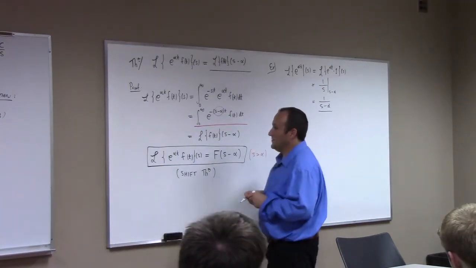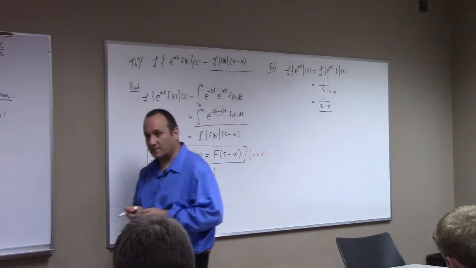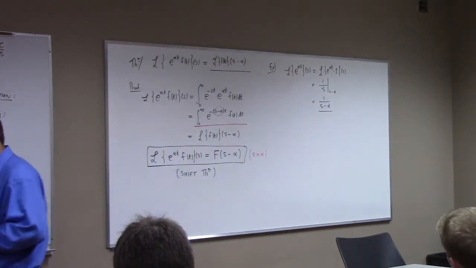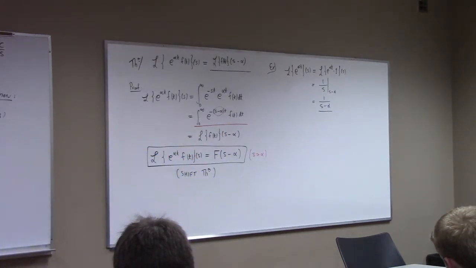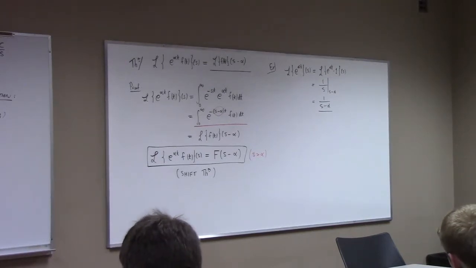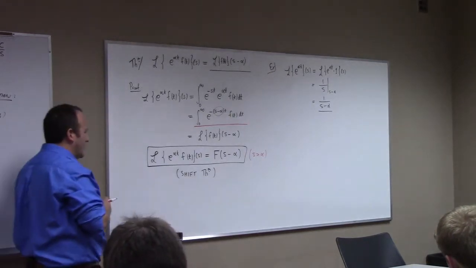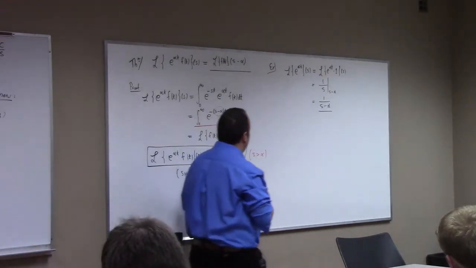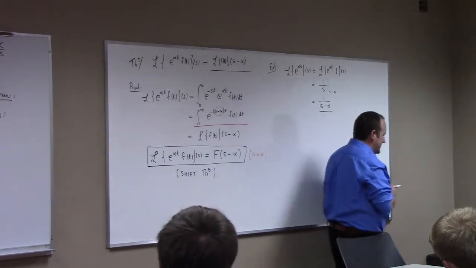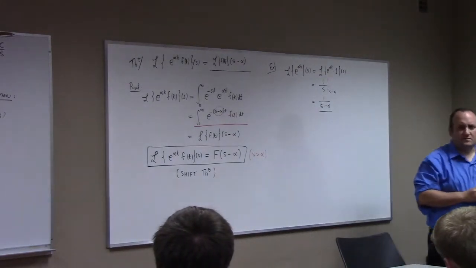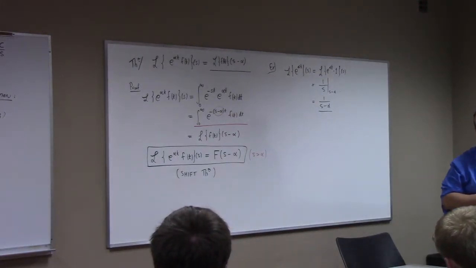You need s greater than alpha for that integral to converge, just like we needed s greater than 0 for this transform. Where s is allowed to go doesn't seem like it's ever much of an issue in this course. But I'm sure if you continue on, that becomes something you have to think about more, so I'm not going to neglect it. Okay, great.